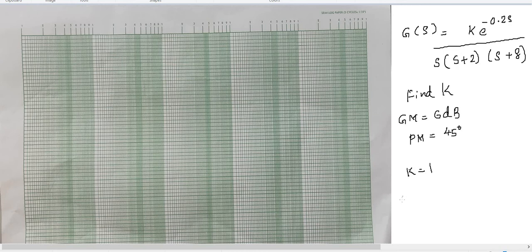Now we can write G(s) in 1 plus sT format.